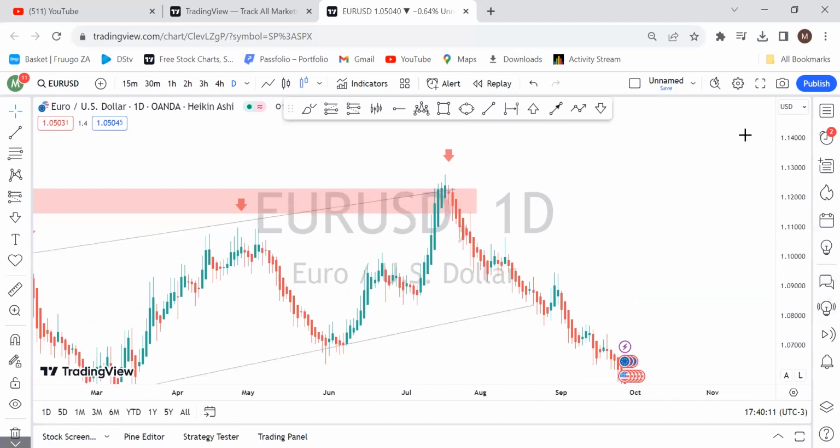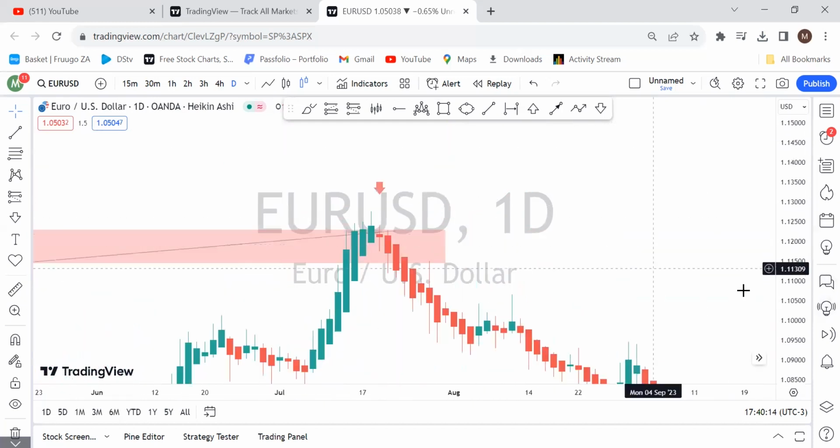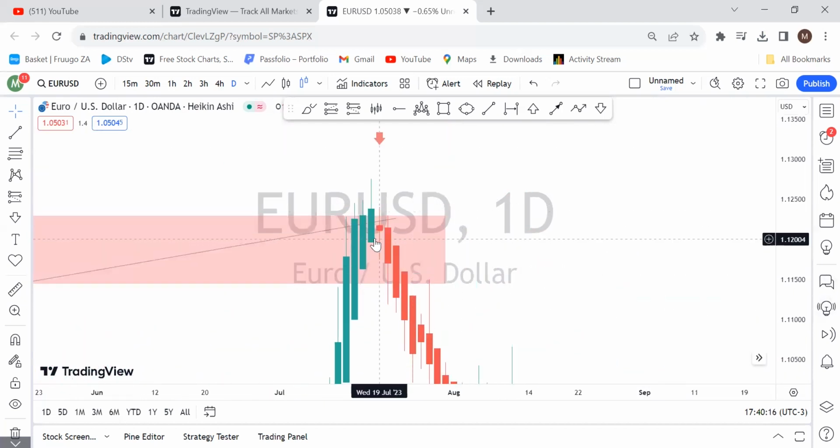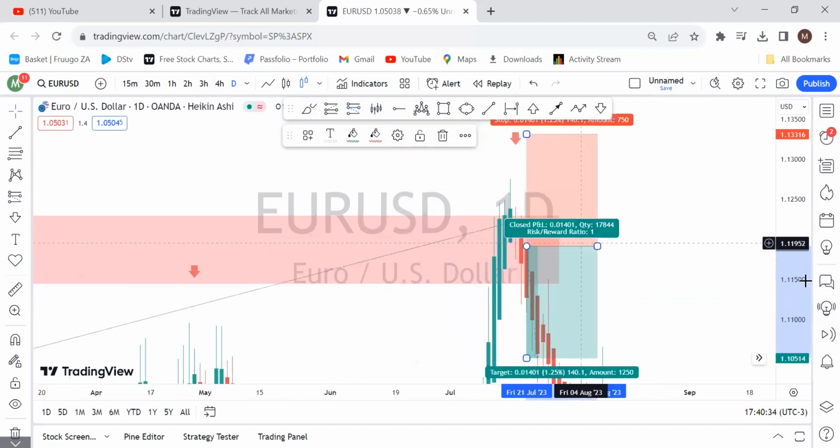If we look at the third touch, you can see we had this reversal candlestick right there in the daily, and the following candlestick was also bearish. So you could have opened at the opening of the third candlestick to the downside, right?